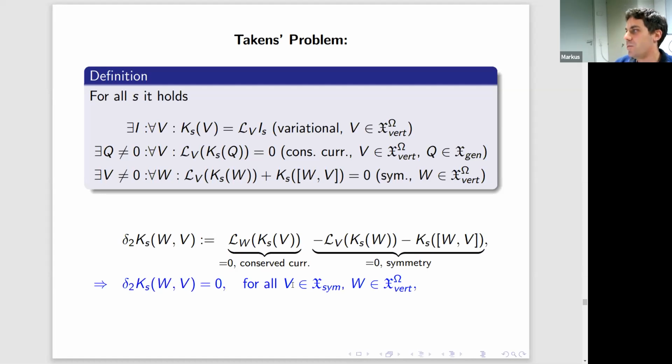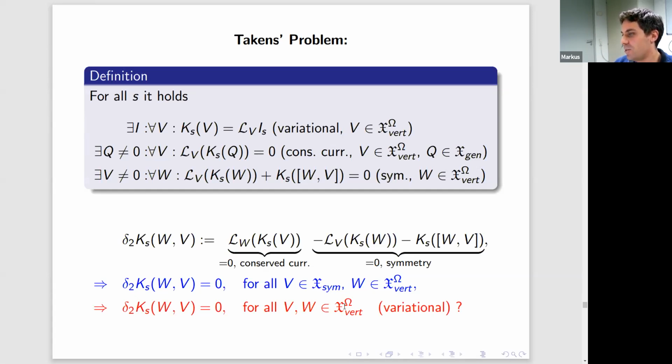And now we have to be careful for what kind of vector fields. This holds for all the symmetry vector fields V, which is written here, and for all W which are vertical and which have support in pi minus 1 omega. So by assumption of symmetry and conservation laws, you get the blue line here. But what we actually need to show, for this to be variational, is that this thing vanishes not only for the symmetries, but for all vector fields.